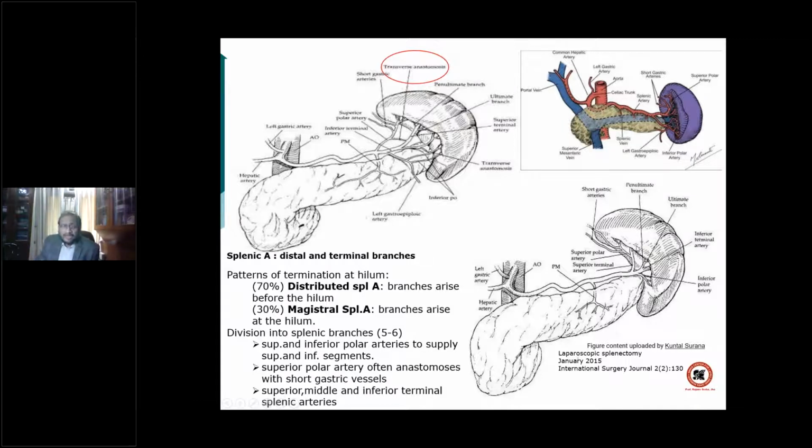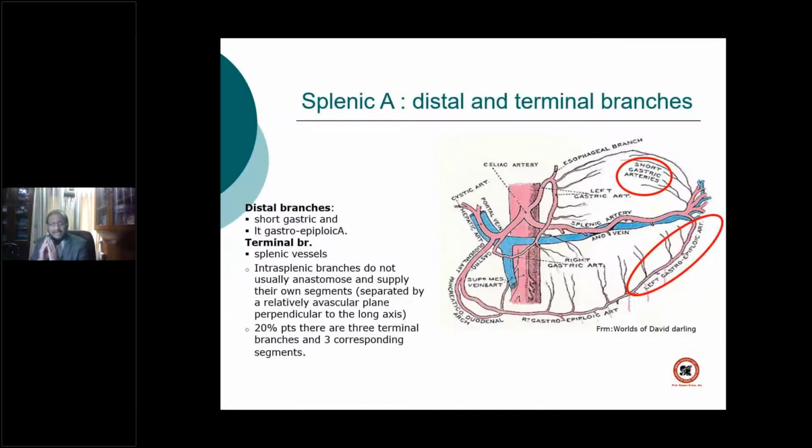And that is why you can hope to do a partial splenectomy without too much bleeding. So relatively avascular, it's not completely avascular, because the pattern of anastomosis between these branches inside the spleen is not very formidable. It is not very confluent. So you have a minimal amount of connection between these branches intrasplenically.